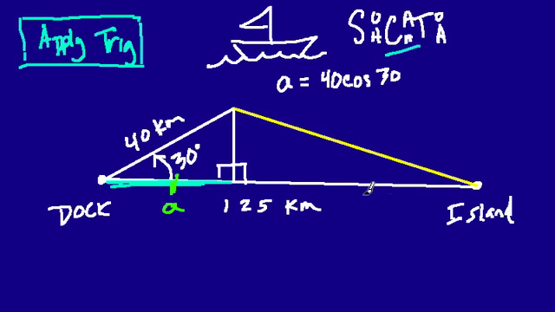Now what about this perpendicular right here that we dropped? What's that going to be? Well, we're going to use the sine to figure that out. So let me write that in yellow. Sine's opposite over hypotenuse. The opposite of 30 degrees is the unknown. So we have the sine of 30 equals this unknown side here. Let's call this B. We don't know what it is.